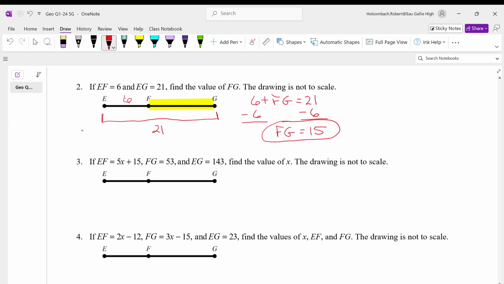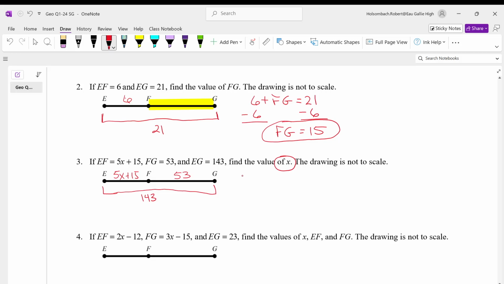Problem number 3. E to F is 5x plus 15. F to G is 53. And E to G is 143. So all of this is 143. Find the value of x.